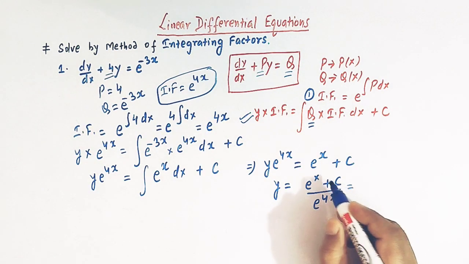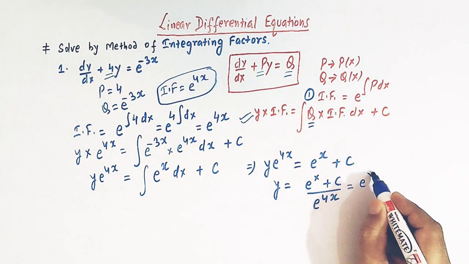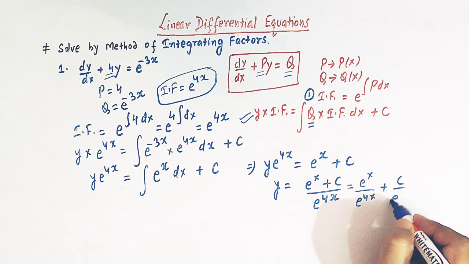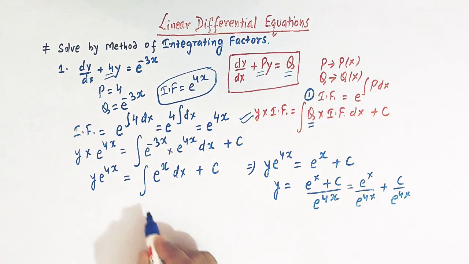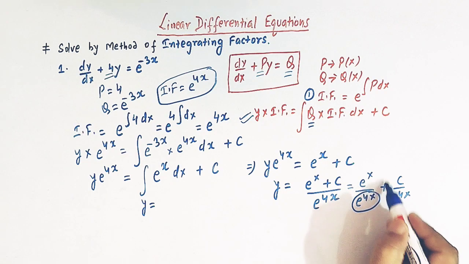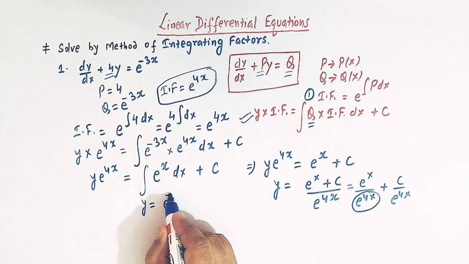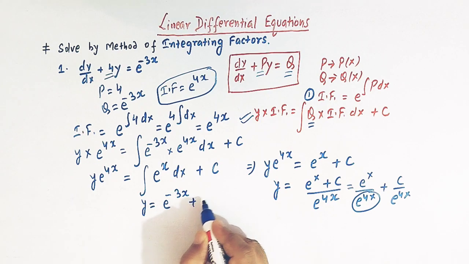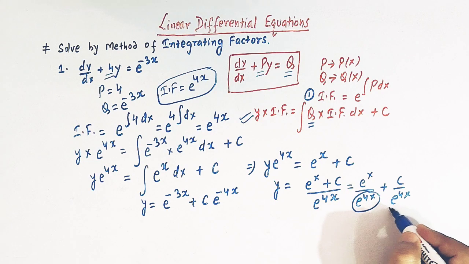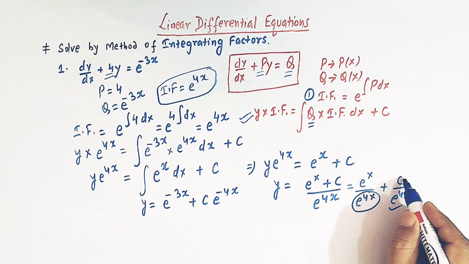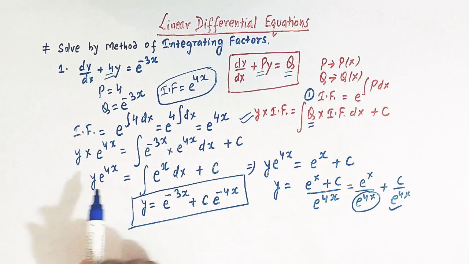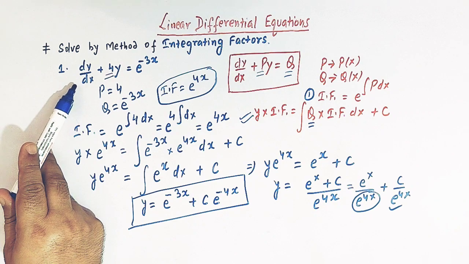Now we can separate the terms: e^x over e^(4x) plus c over e^(4x). Taking e^(4x) to the numerator, we write y equals e^(-3x) plus c e^(-4x). So this is the solution of this differential equation.